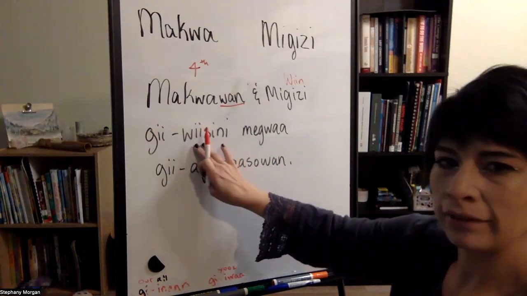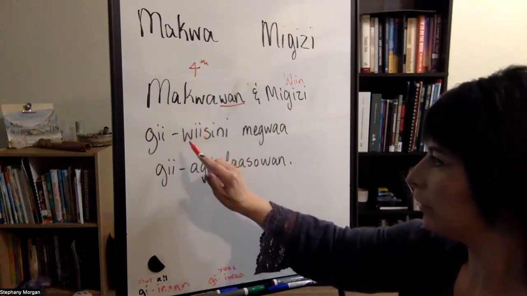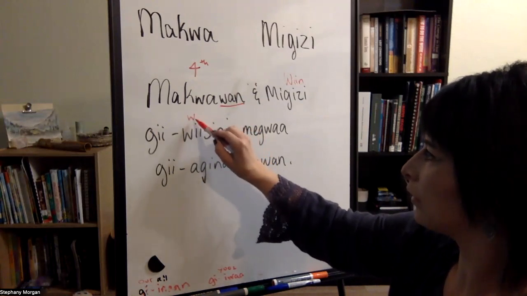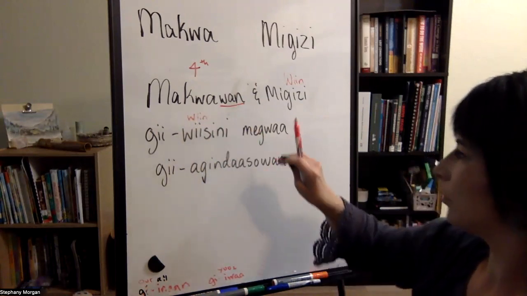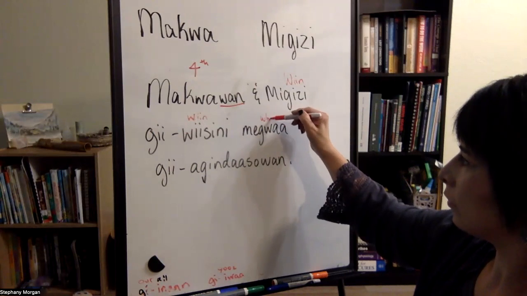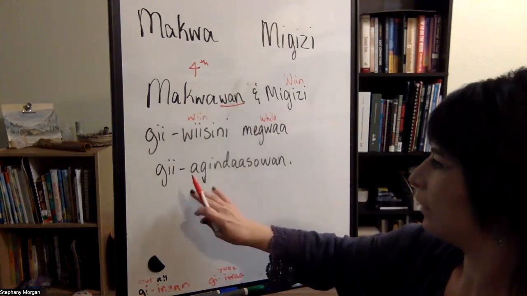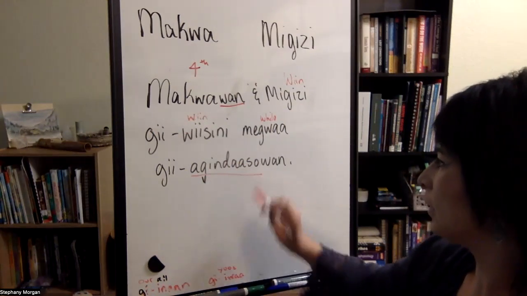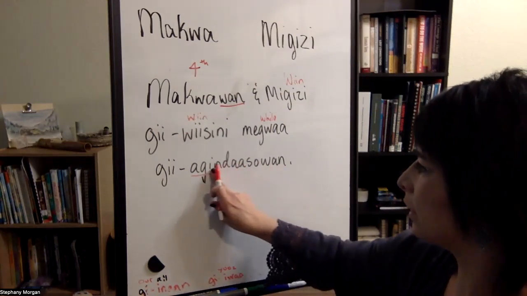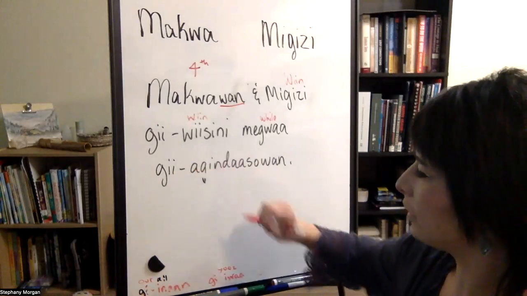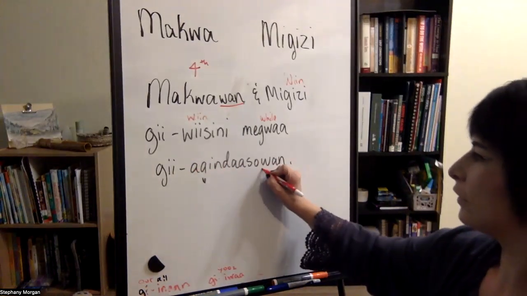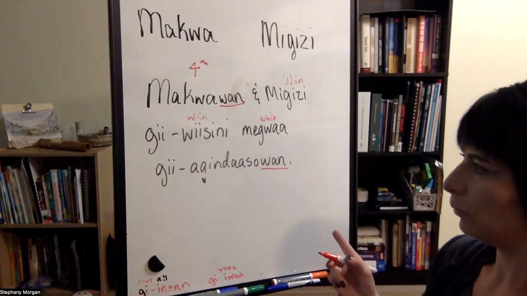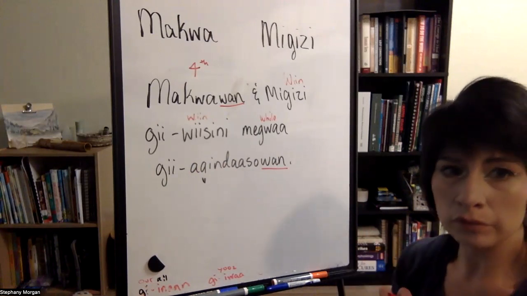You know that wisine means he or she is eating, so this is ween. Megwa means while. Agindaso wan. Agindaso means he or she is reading, but it's not just he or she because we have one on the end. So take a moment. Can you figure out who is doing what?